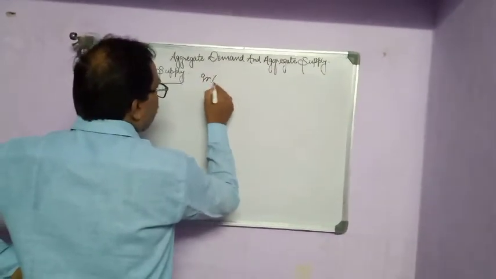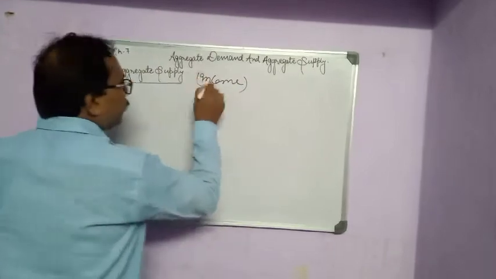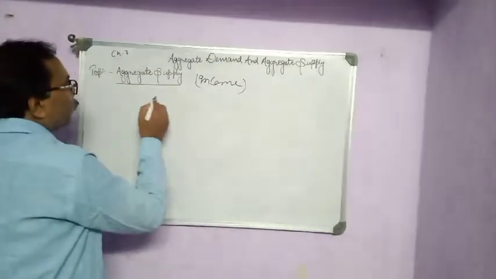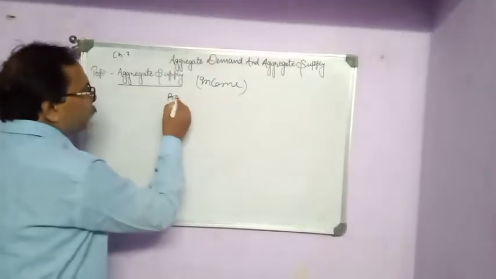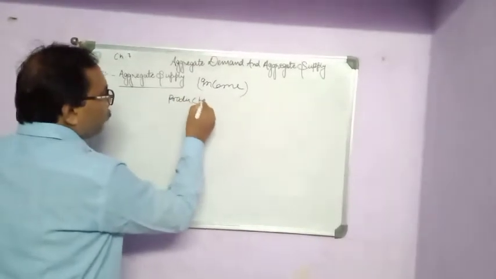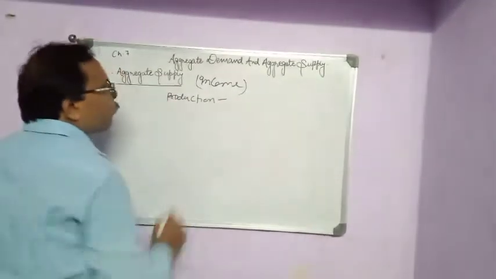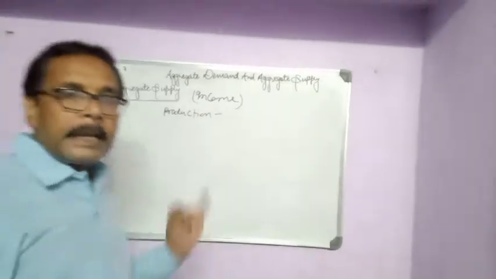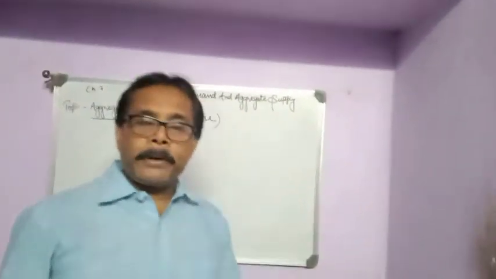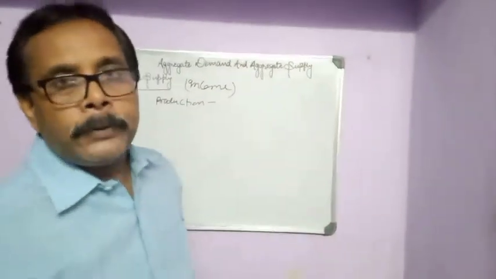Why do we say it is the income? Because when production takes place, there are 4 factors of production: land, labor, capital and entrepreneur.